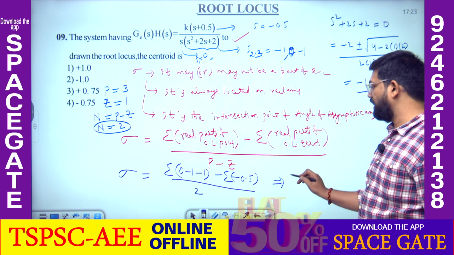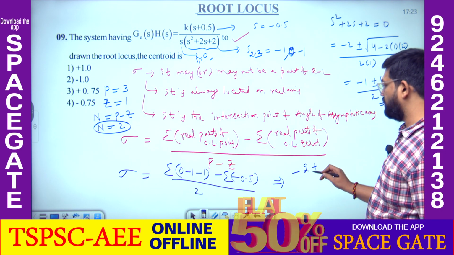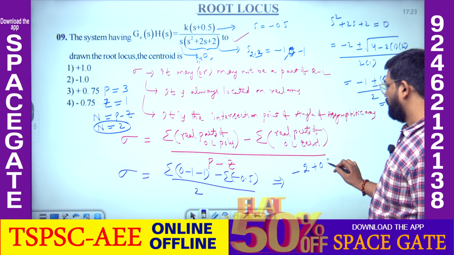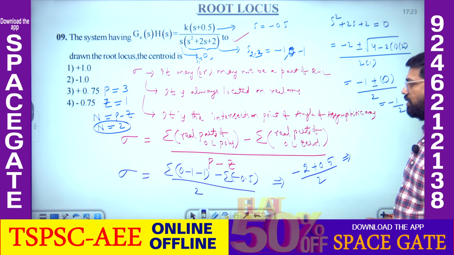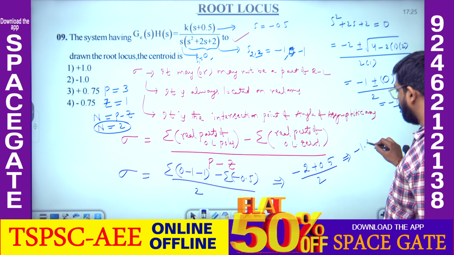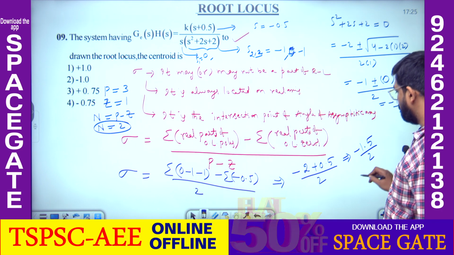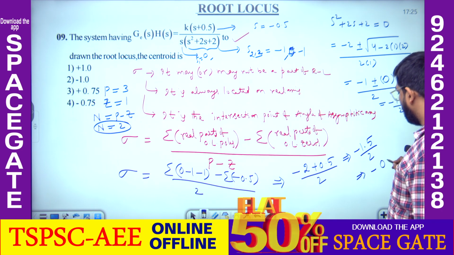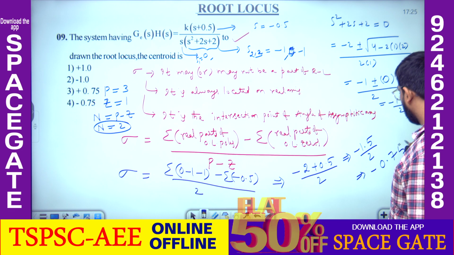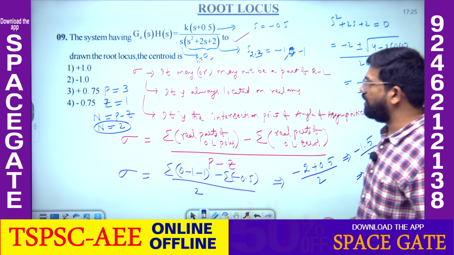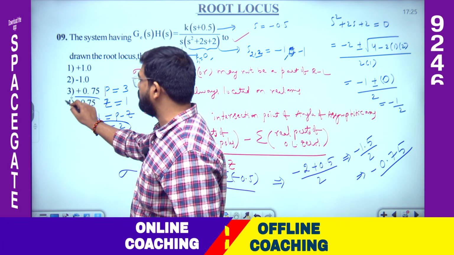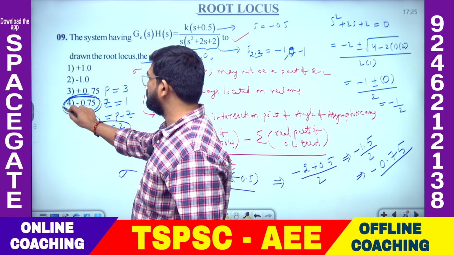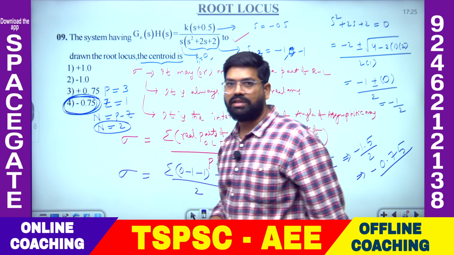It is minus 2 minus of minus 0.5, means minus 1.5 by 2, so how much we get? Minus 0.75 is the centroid. Anyway, the question is about to find the centroid, and minus 0.75 is available. So this is our right option here.